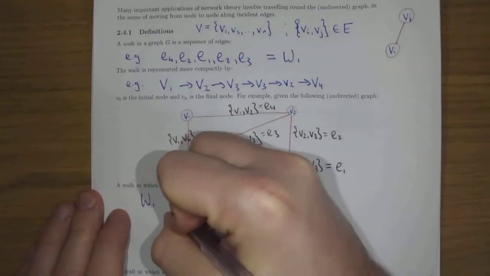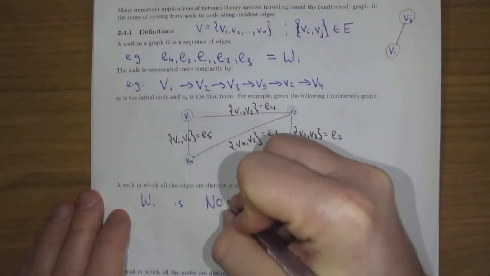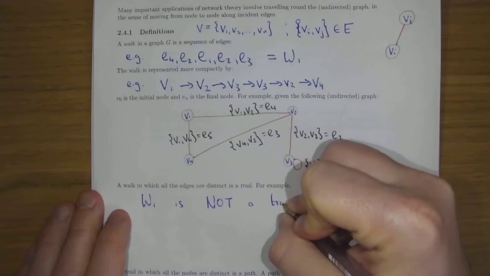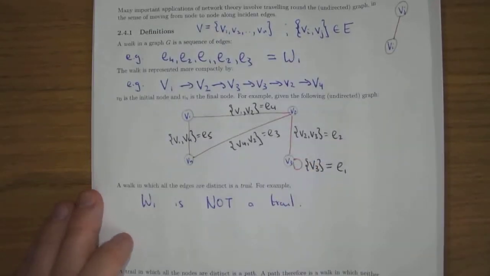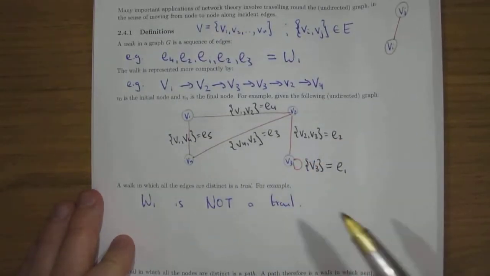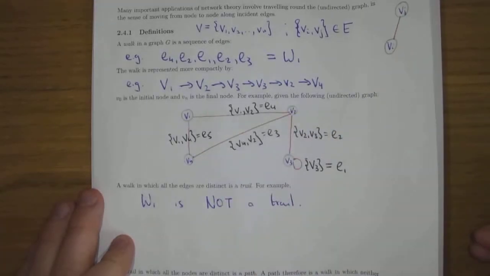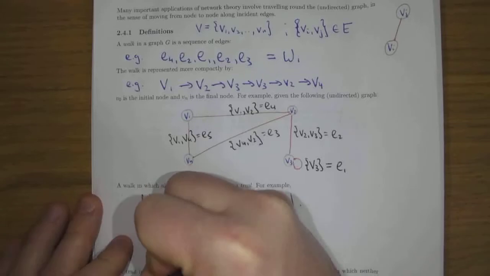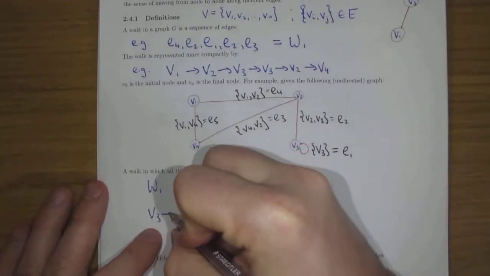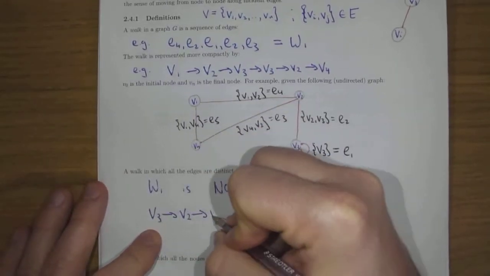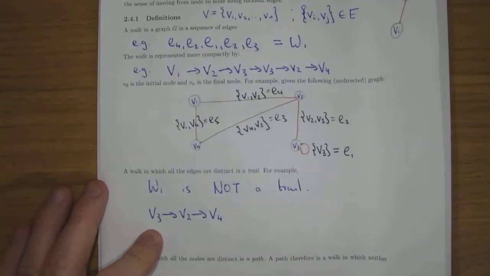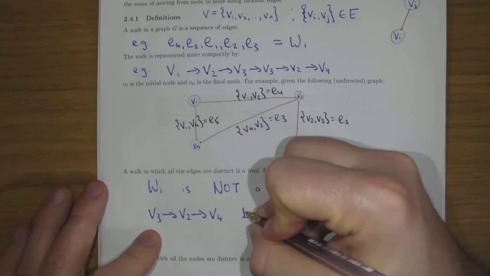So walk 1 is not a trail because you use the same edge twice. Now let's make up something that is a trail. Let's say V3 to V2 to V4. It's certainly a walk because it's a sequence of edges, only 2 edges. It's not repeated. This is a trail.